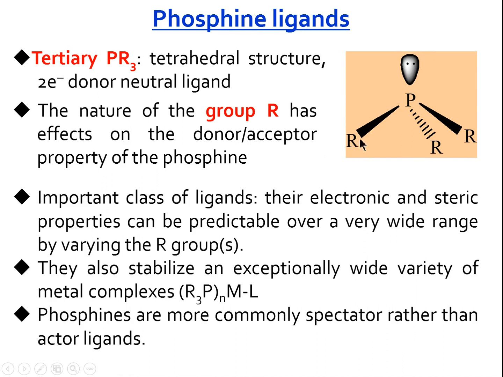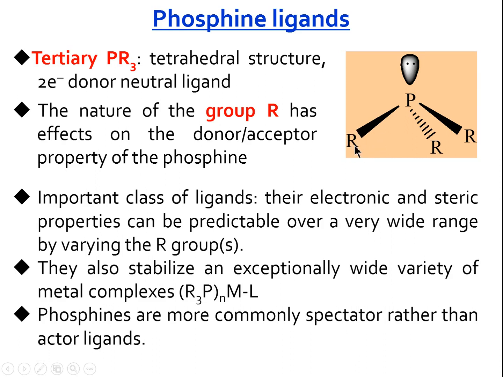The nature of the R groups affects the donation of phosphine. If R groups are good sigma donors to phosphine, it will increase the electron density on P, and therefore PR3 is more donor.